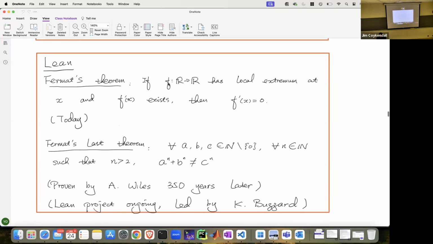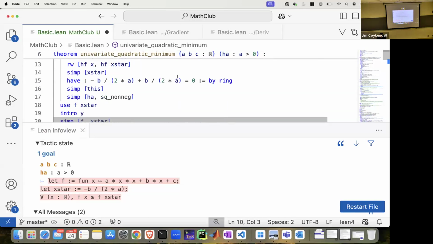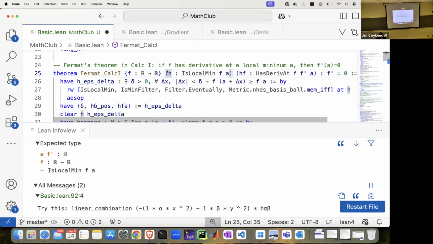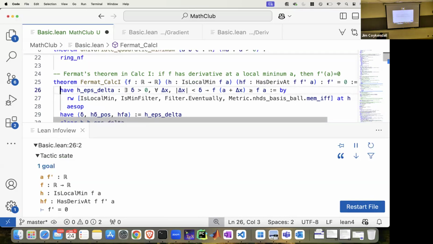But let's go back to the one that I could handle, the simple case in Lean. This is something that's actually straightforward. The calculus 1 result: how are we going to prove it in Lean? The statement of this theorem is really straightforward. Take a look at the bottom of this screen.